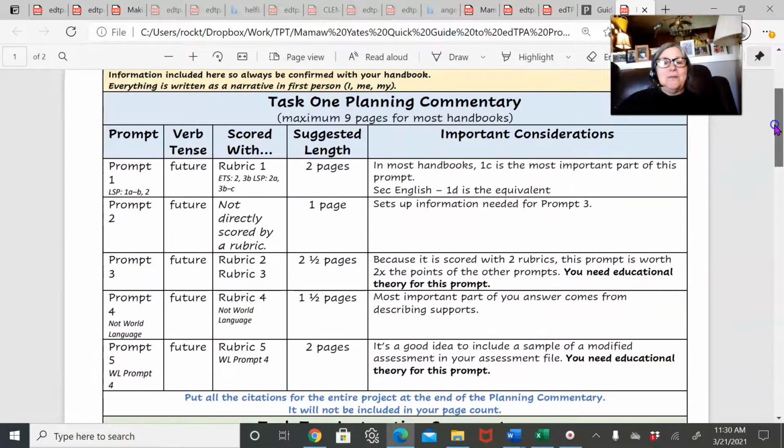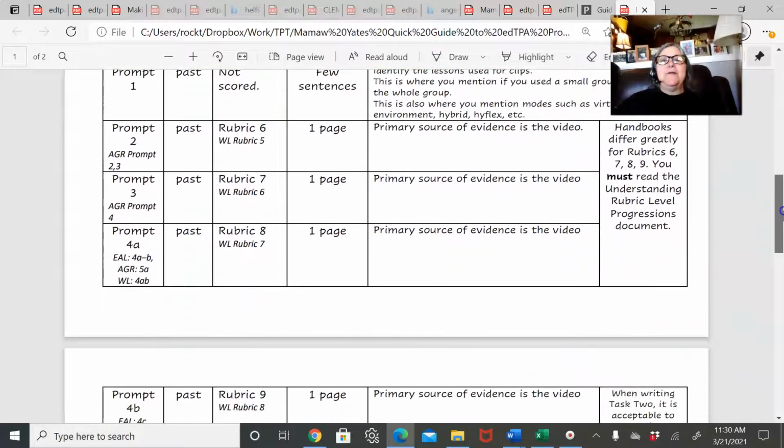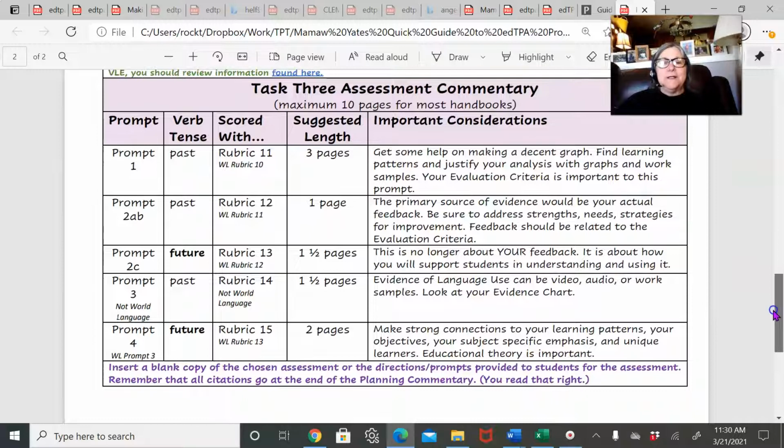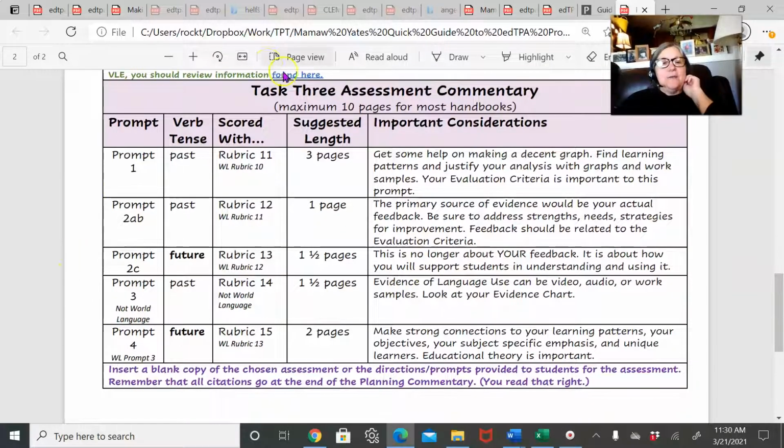I had this document pulled up, but somehow or another, when I went to look at that Pearson document, I lost it. So here we've got Task 3 Assessment Commentary, and you can see I've got the verb tense is past, past, future, past, future. So again, prompt 1 is rubric 11, 2AB is 12, 2C is 13.